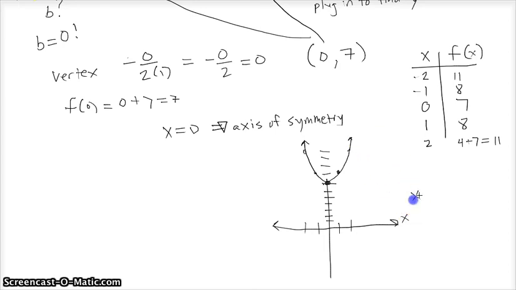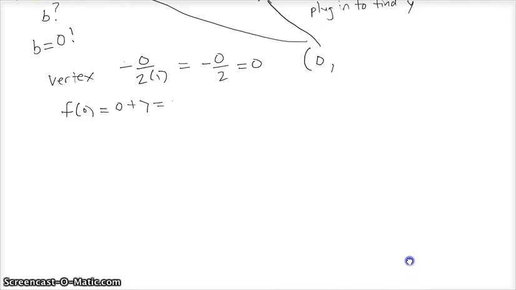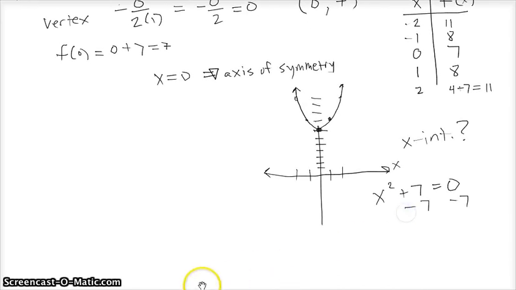Well, if I set this equal to 0, because an x-intercept is where y is equal to 0, I subtract 7, and what I'm left with is an equation where I'm looking for some number that when you square it equals negative 7.